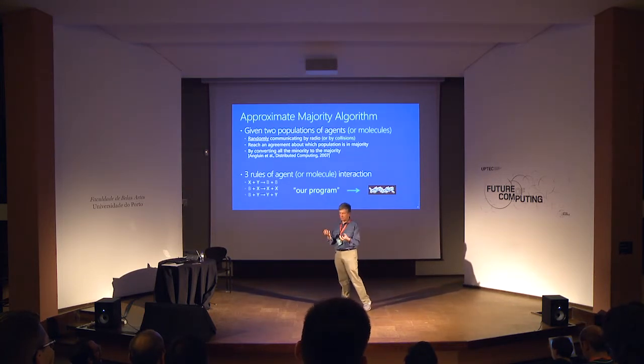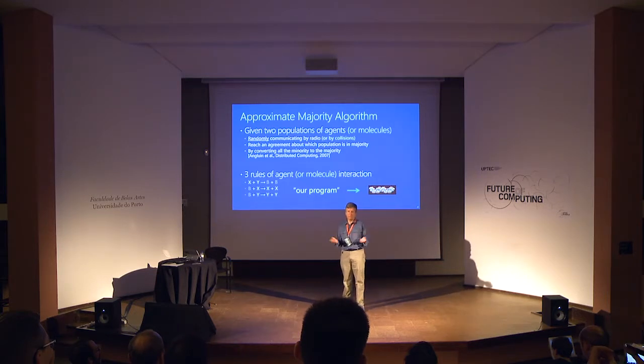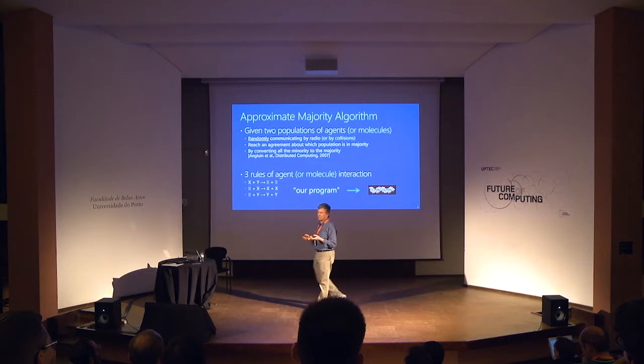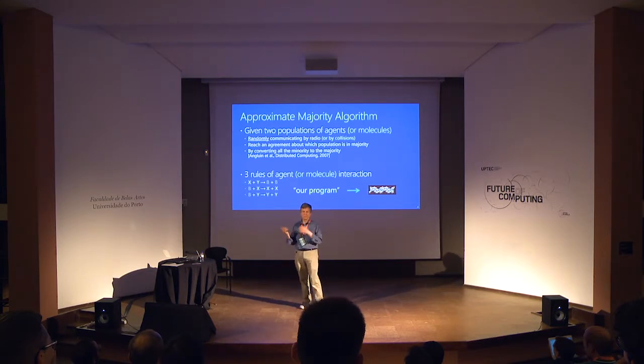Suppose hot talks to hot: okay, we agree it's hot. Cold talks to cold: we agree it's cold. But then hot talks to cold, and what do they do? They could do nothing, but then it probably does not converge. Or they could decide to swap. Again, that doesn't do anything, it probably doesn't converge. Or they could randomly go to both hot or both cold. So none of this is very good.